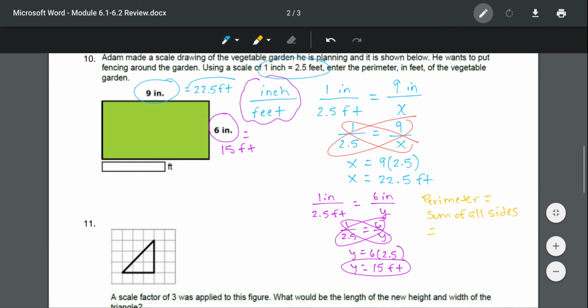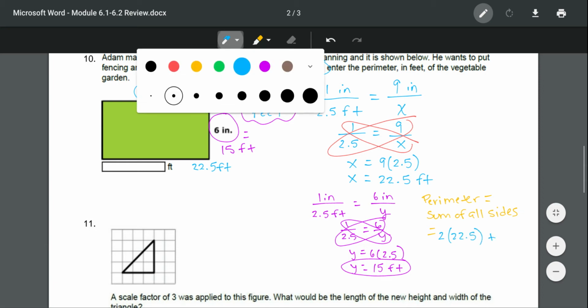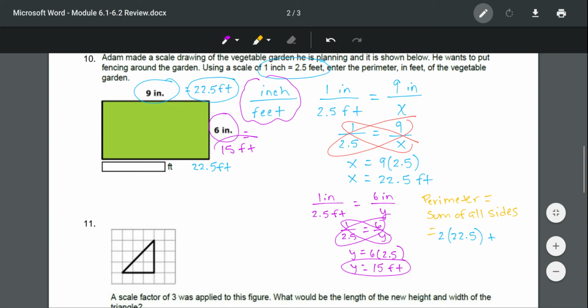Remember, there's a top length and a bottom length of 22.5 feet. So that means when you write the perimeter, you can do 2 times 22.5 plus. For the width, remember there's 2 widths that have a length of 15 feet. So I'm going to label the left width 15 feet. So that means when I include it in my sum, I'm going to write 2 times 15.